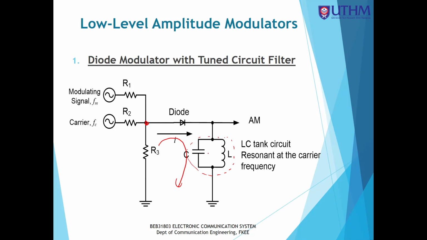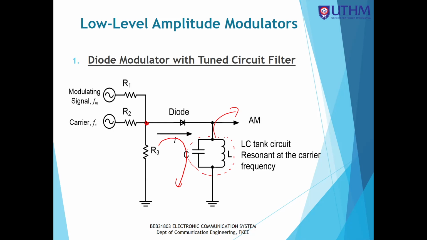So during the forward bias, this LC tank circuit will be charging. During the reverse bias, the LC tank circuit will discharge. So you get the complete AM waveform. The LC tank circuit resonates at the carrier frequency.